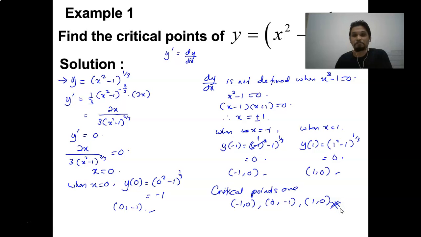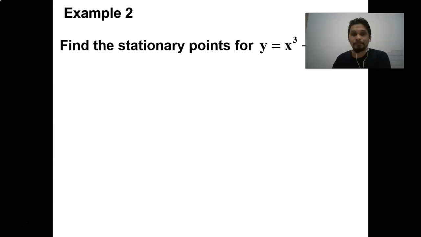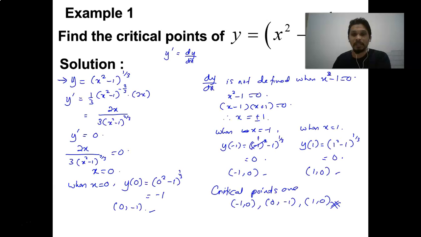There you go. Okay, these are all the critical points: negative 1, 0, 0, negative 1, and 1, 0.